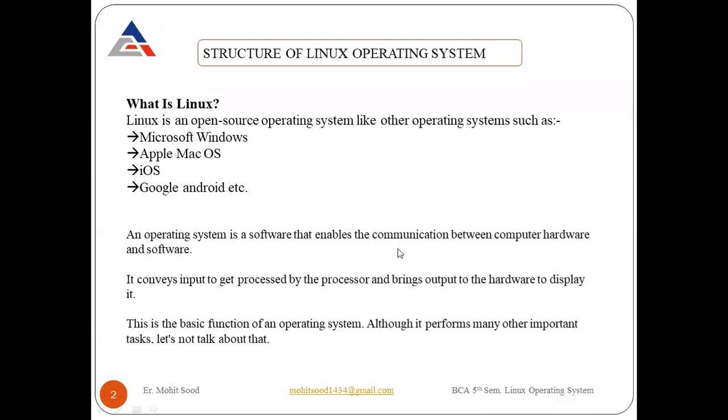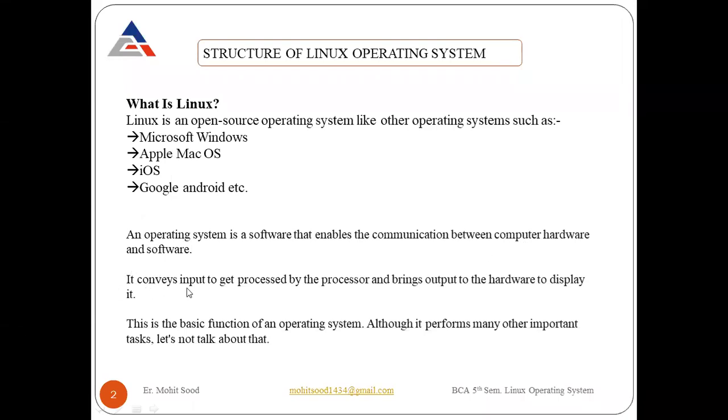First of all, what is Linux basically? Linux is an open source operating system like other operating systems such as Microsoft Windows, Apple Mac OS, iOS, Google Android, etc. As I told earlier, an operating system is software that enables the communication between computer hardware and software.